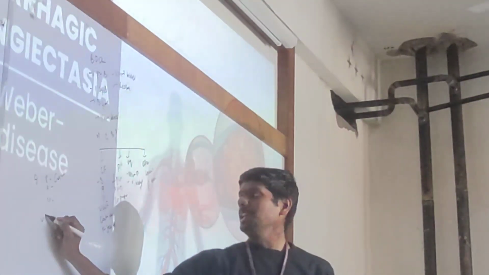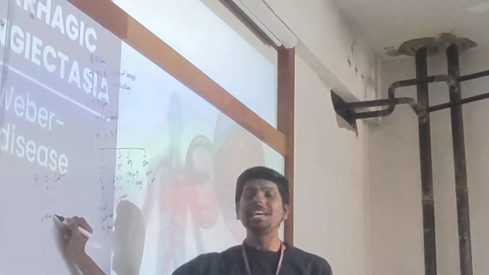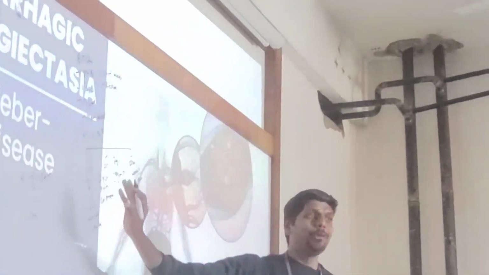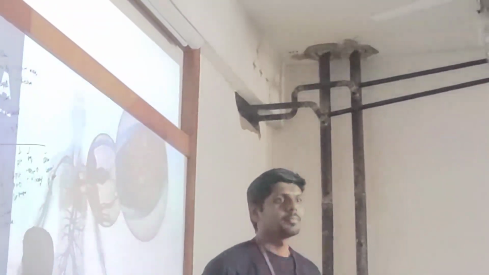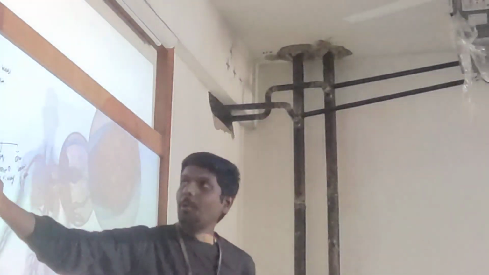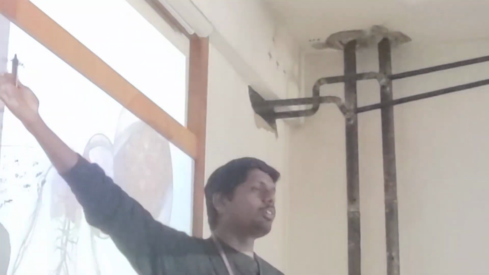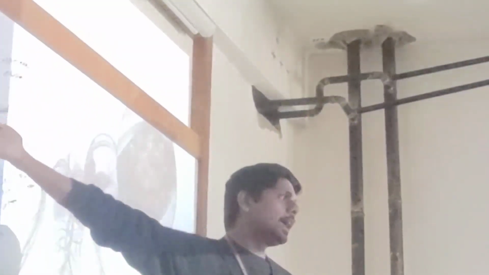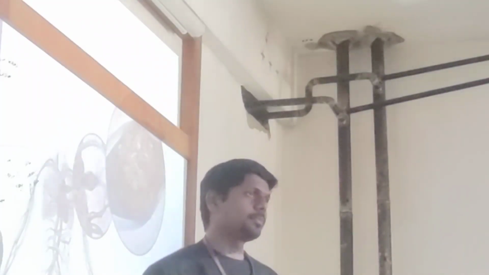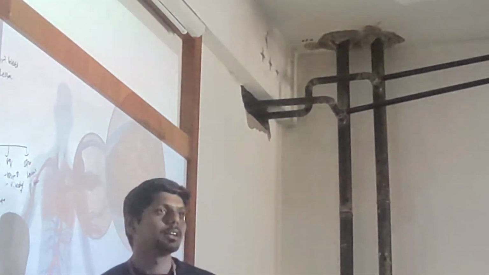Explain the role of vitamin K in coagulation. Very good. See here, students, what answer will you write? Vitamin K is important for factors 7, 9, 10 and 2. These clotting factors are dependent on vitamin K. Absence of vitamin K leads to excessive clotting time, absence of clotting in the body.